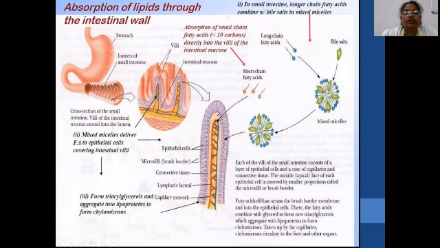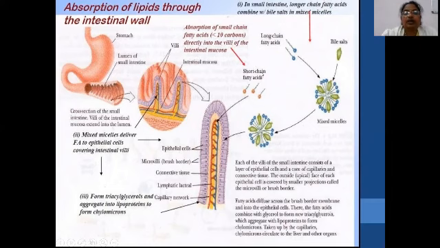Okay, so here what happens in the intestinal mucosa is absorption of short chain fatty acids, less than 10 carbon atoms, directly into the villi of the intestinal mucosa. So here it is being absorbed.